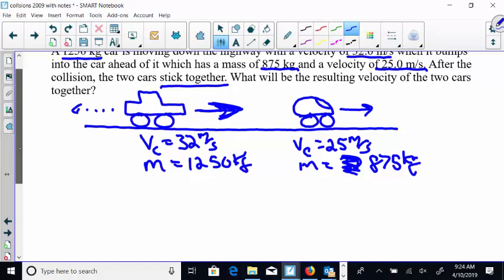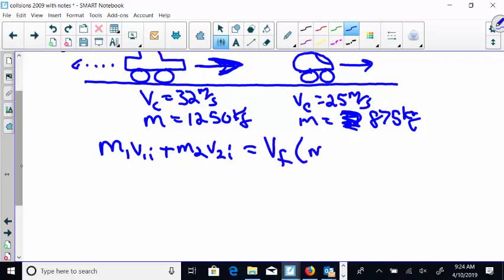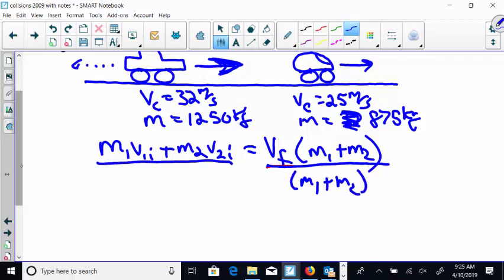Because we stick together, our equation is now M1 V1 initial plus M2 V2 initial equals V final times M1 plus M2. This would not be a hard equation since we're trying to find V final. We could divide both sides by M1 plus M2 right away.